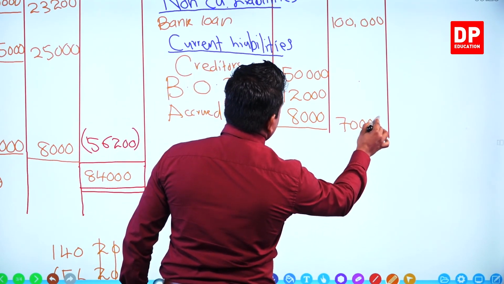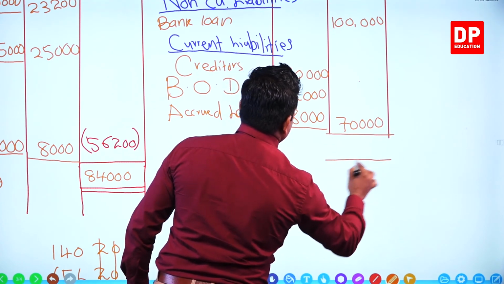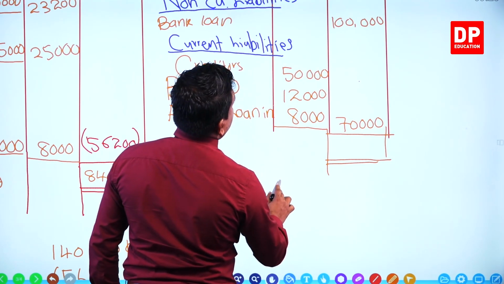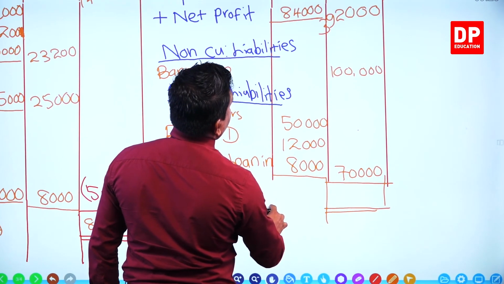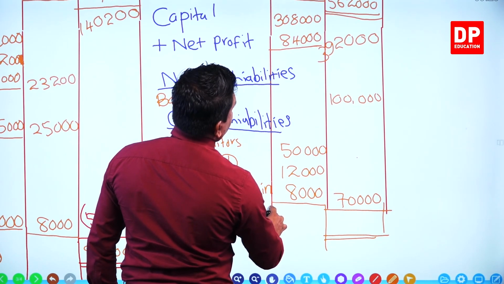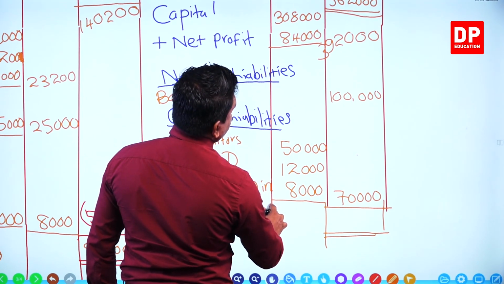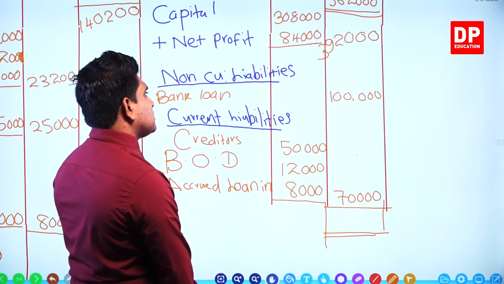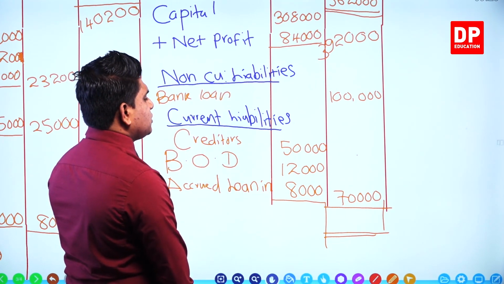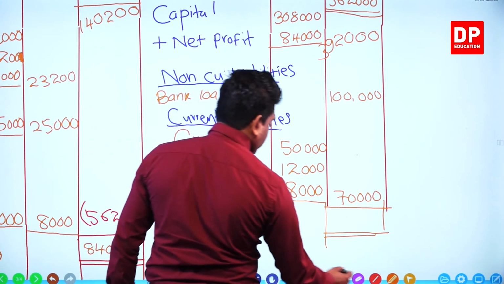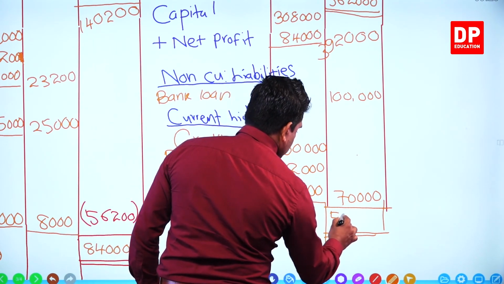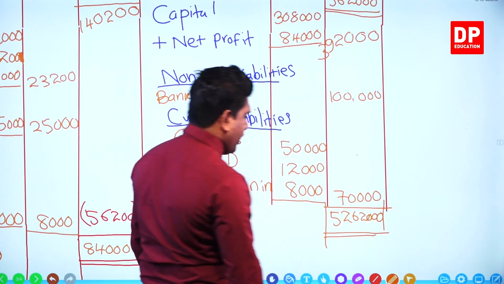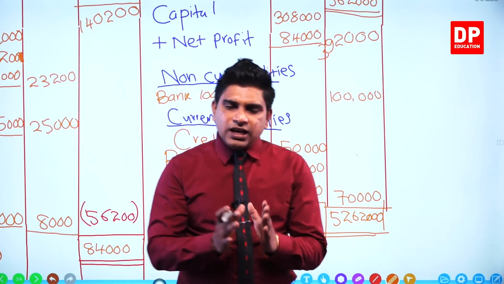Then get the total here. 392, then 492,000 plus 70,000, the same way 562,000. 562,000, both sides are equal.